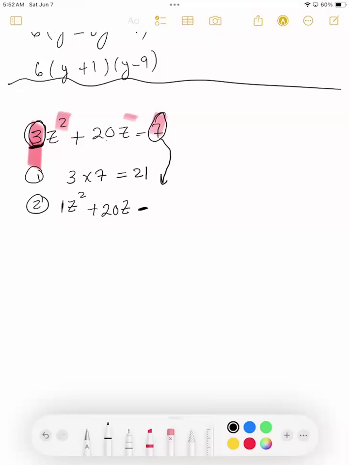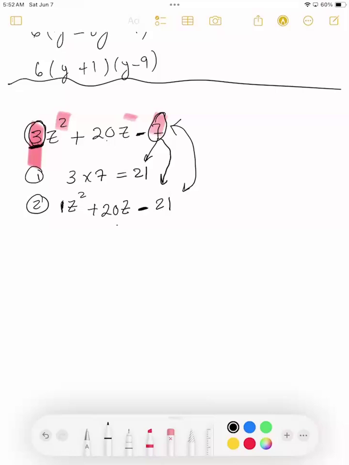That's a negative, so it stays negative. I change 7 to 21. I know how to factor this expression, and these two are not the same thing, but I cheated. I made it look like that because I know how to factor when I have a trinomial with 1 coefficient.